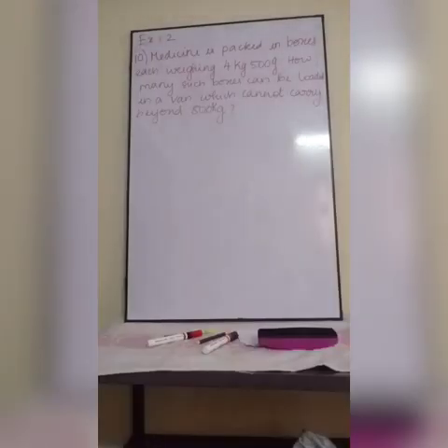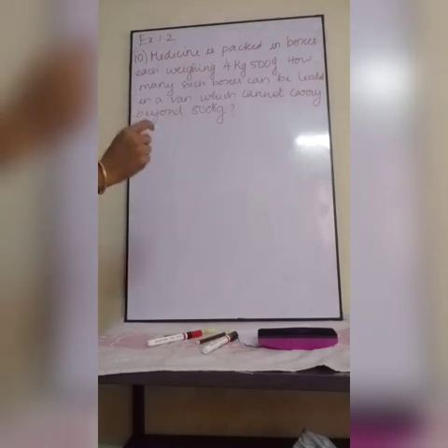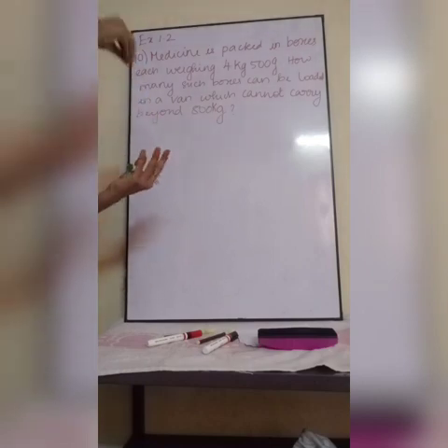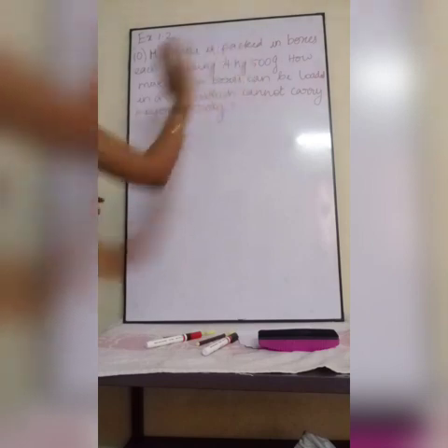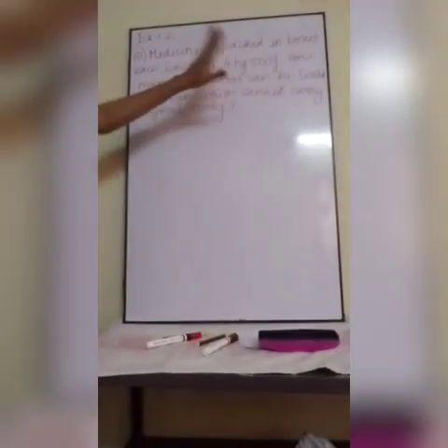Next is your 10th question. Okay. Medicine is packed in boxes, each weighing 4 kg 500 gram, which means small medicines have been packed in one small box. That one small box is 4 kg 500 grams. Okay, keep that in your mind.